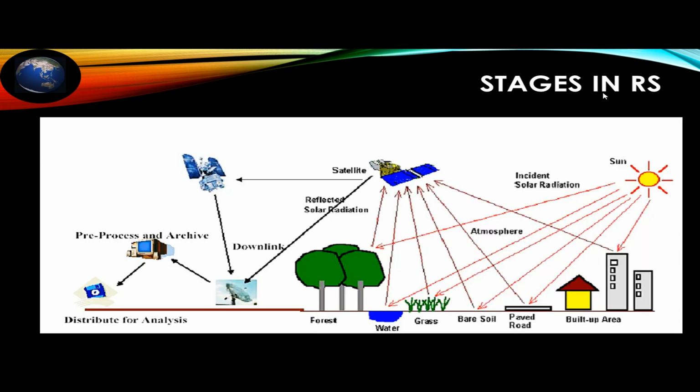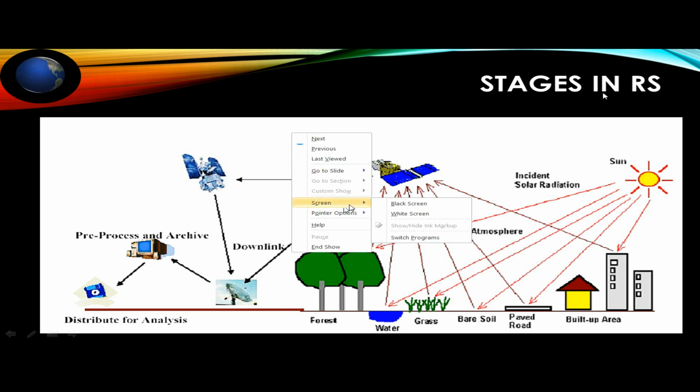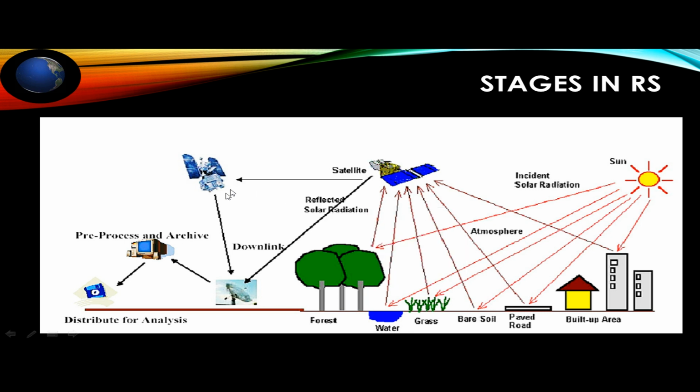So let's see what the stages in remote sensing are. As I have told, RS here means remote sensing. If you see here how the sensor is sensing, this is the satellite, this is the source. The sun is the source of our electromagnetic radiation.